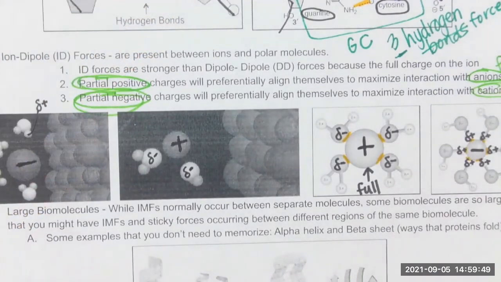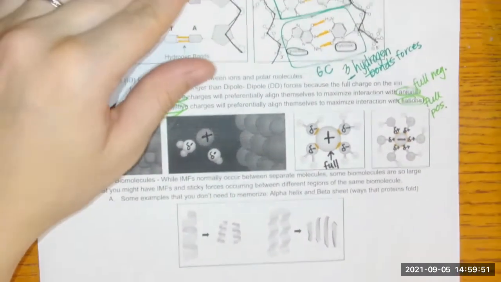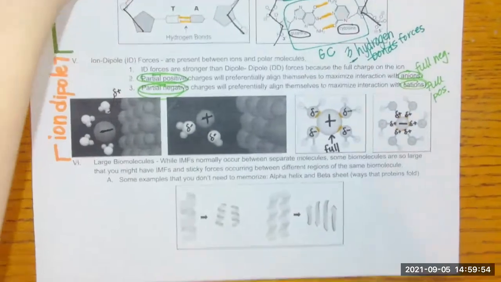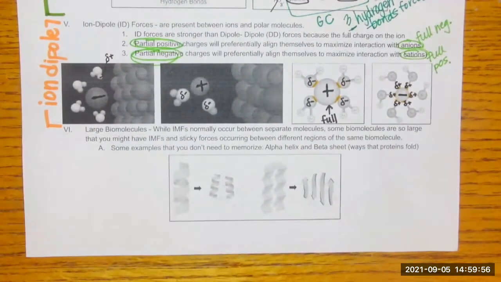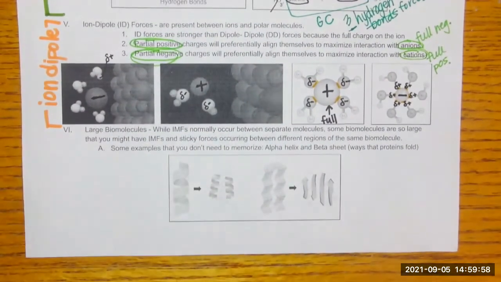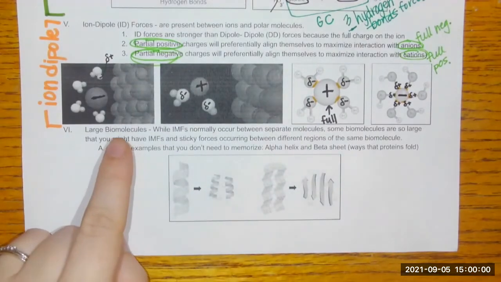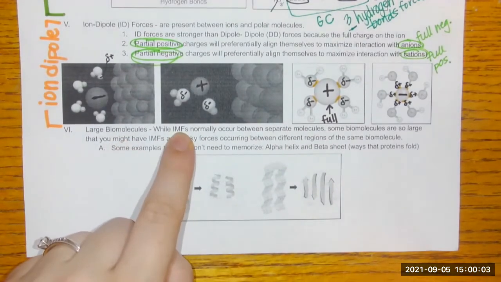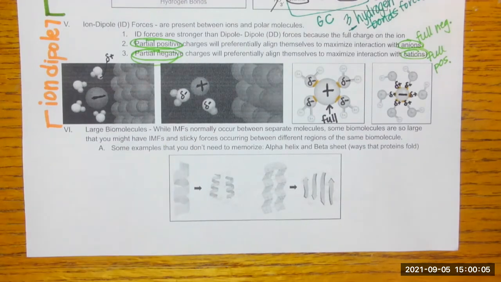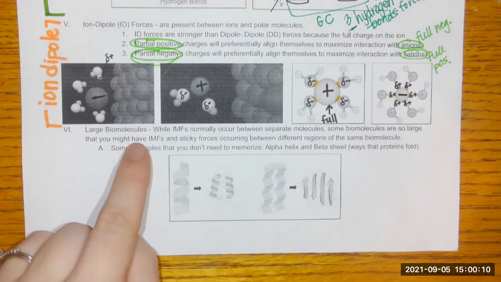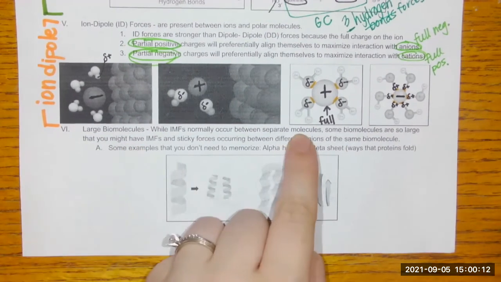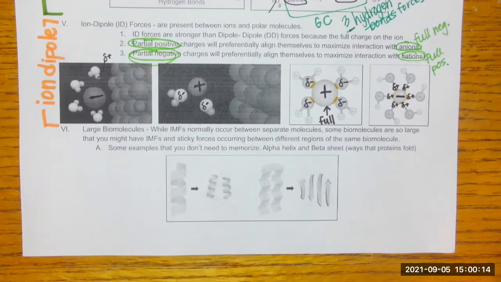And that's what the bottom of the paper says. I have to teach it to you because the AP curriculum says so, but do not stress out about it so much. It's just saying that when you go to AP Bio, you're going to learn about intermolecular forces, and you might be confused because your chemistry teacher said intermolecular forces occur between separate molecules. And then your biology teacher will be like, no, no, no. If the molecule is big enough that it can fold back on itself, it still works.